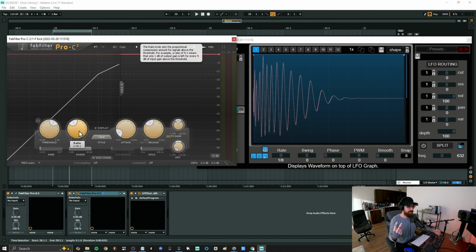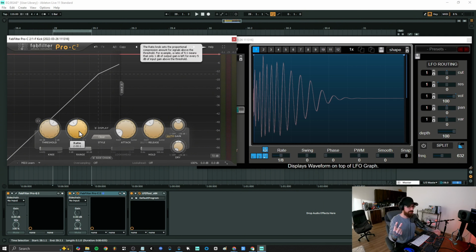So some quick math here. If we know that our original audio signal, or our kick drum, hit 0 dB at its peak, and we set the threshold to -14, how many dB past the threshold are we? Well, in this case, we're 14 dB past the threshold because our kick drum originally hit 0. So if we have a ratio of 2 to 1, that means that we can divide 14 by 2.